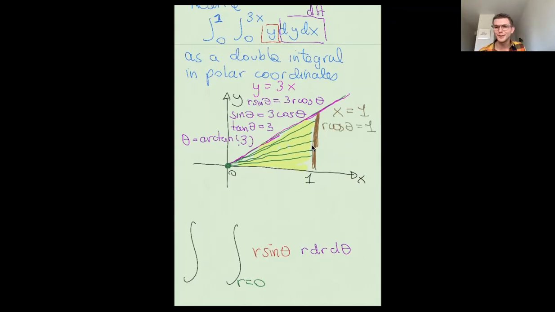How do you use this equation to solve for r? 1 over cosine of theta, which is secant of theta, right? So the arrows escape through r equals secant of theta.